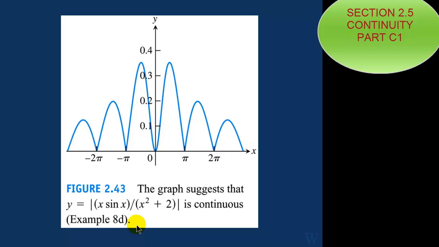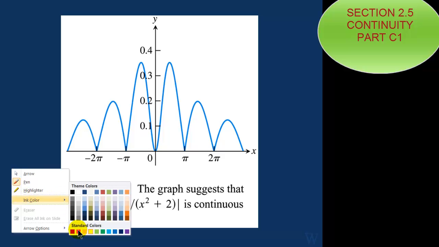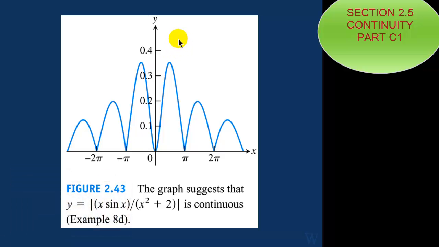Here is another example of a composition function. Let me write that down. Y is equal to the absolute value of x sine of x over x squared plus 2.